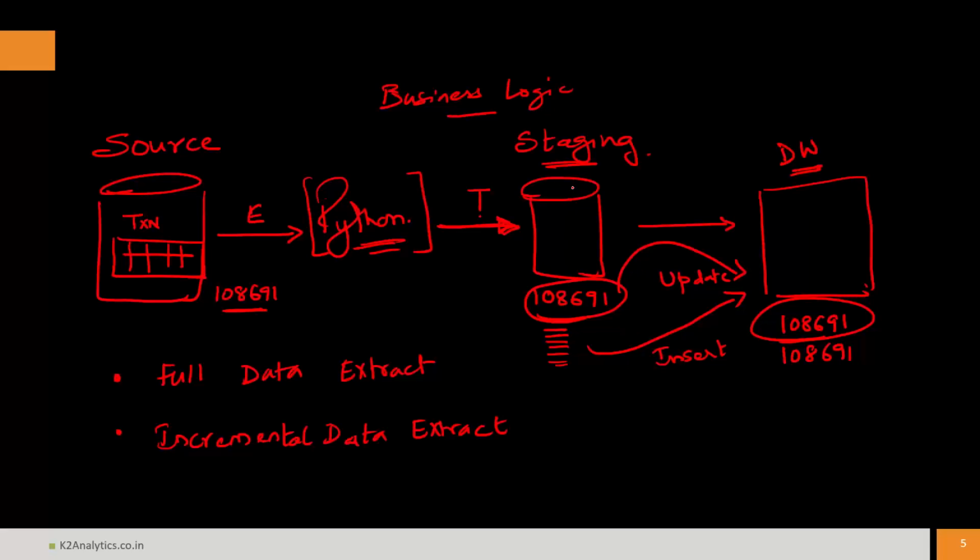If you want to write the business logic of the necessary data transformation in the database, then again you will require the staging area, because after doing extraction using Python, you will simply push it into a staging area, do the transformation, and from transformation load it. So there are two main requirements for why you require a staging area. One is that a staging database may come into play because you may want to write the business logic there.